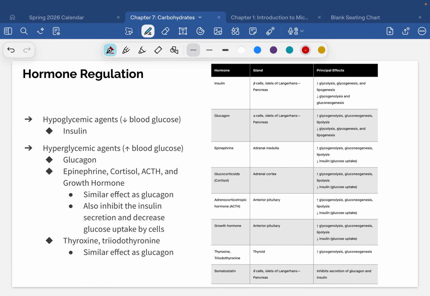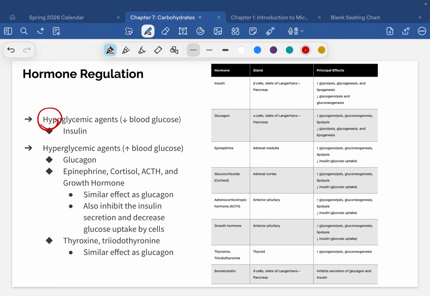Okay, so hormone regulation, this is a second slide of hormone regulation. Here I have these hormones broken into two categories. They are hypoglycemic agents. Hypo, as a prefix, means low. Hypo always means a decrease or lowering of whatever we're talking about.